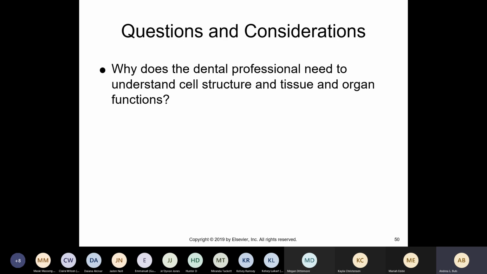So why do we need to understand cell structure, tissue, and organ function? Because all of these things play together, hopefully harmoniously, in our body to keep our body functioning well. And we need to understand this because when we have patients that don't have bodies that are functioning well, sometimes the oral cavity is one of the first places that we can detect problems with patients.